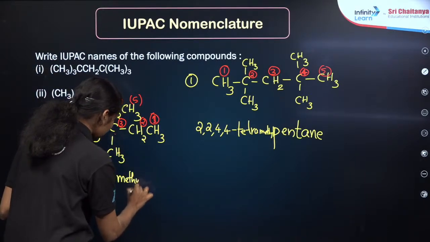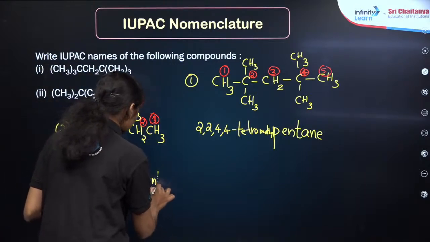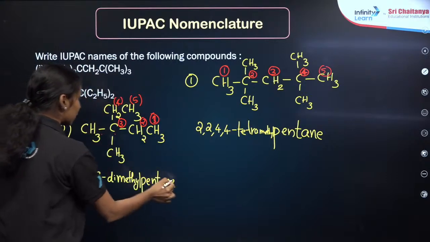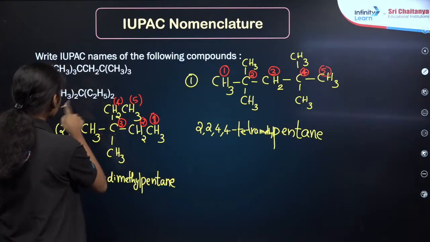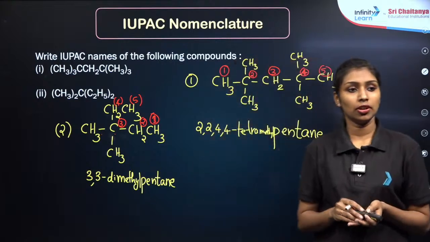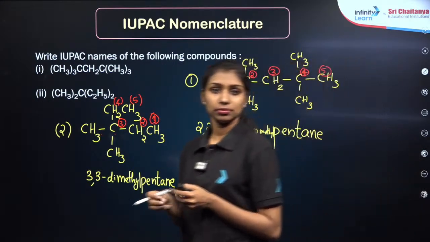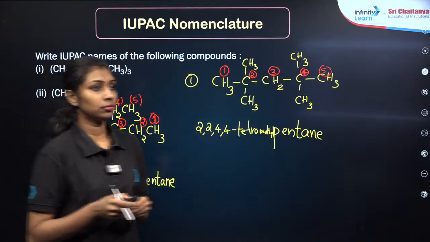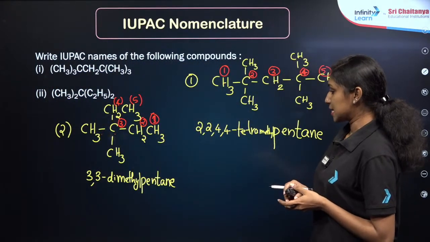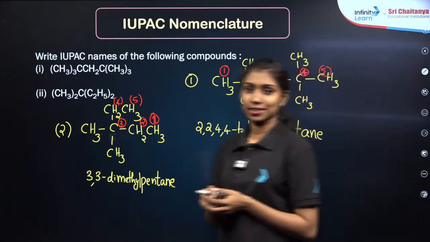The longest chain is 5 carbon, so pent, alkane group, suffix will be pentane. So 3,3-dimethyl pentane will be the IUPAC nomenclature of this particular compound. Is that clear? Or are there any other possibilities for the long chain? Yes, 3,3-dimethyl pentane. Yes, correct, Anish.